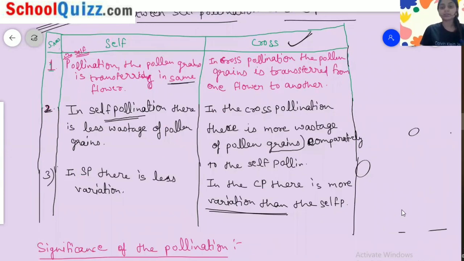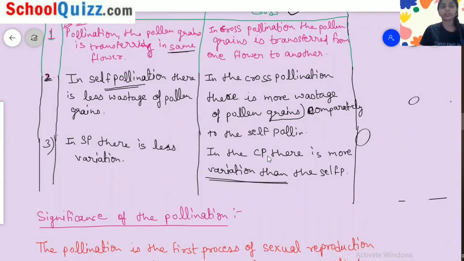Then in the next point, we will write the importance of that particular topic. What is the importance in self-pollination? That there is less wastage of pollen grains and less variation. You can write either of these points. You have to write the definition point, it is mandatory. And in the second point, you write either of these points.